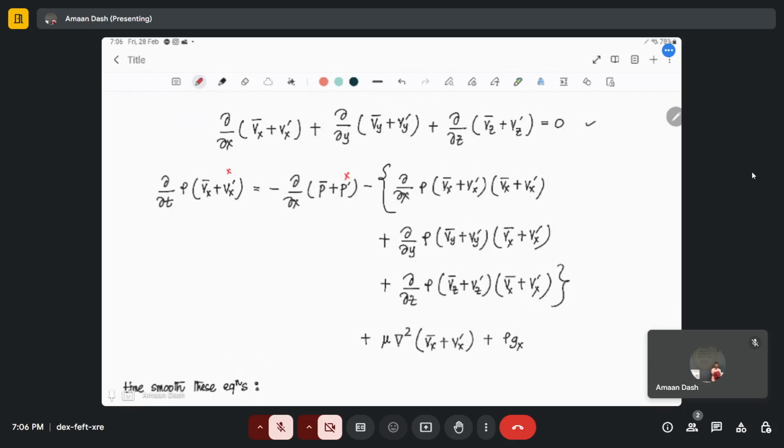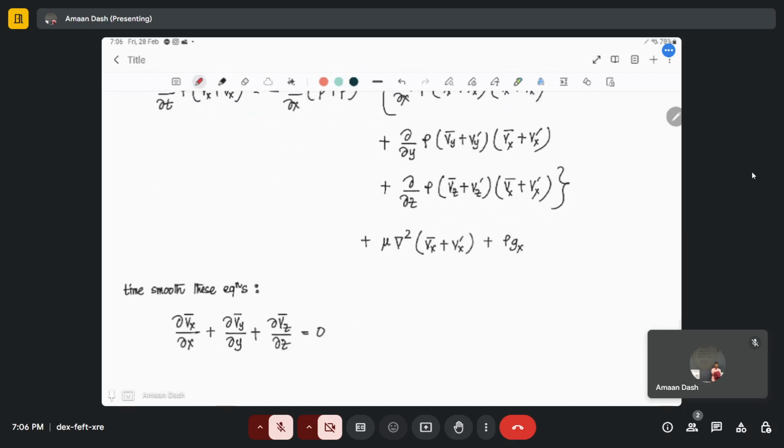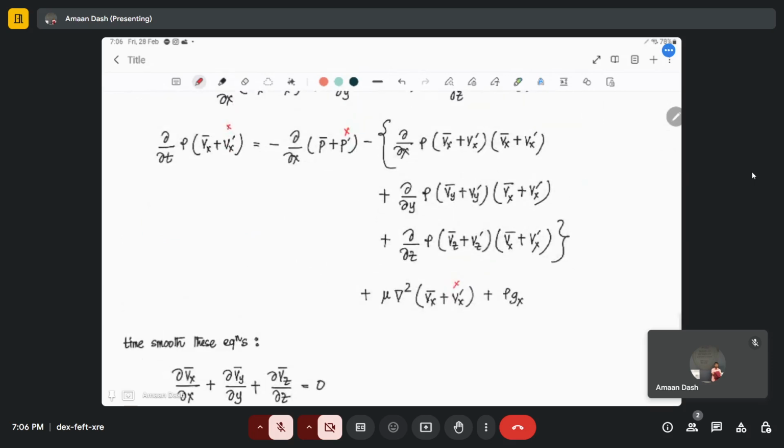Now, if we see this side, this term will go away for sure, and this term will remain. But this term we have to see what we can do. So let me write first this major part, and then I'll see what we'll do with this.